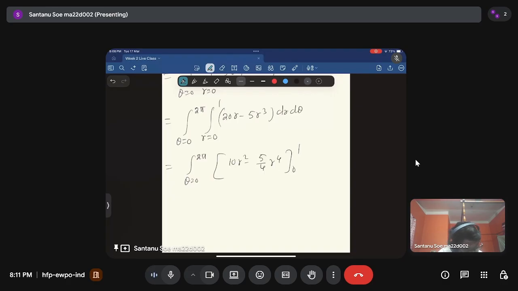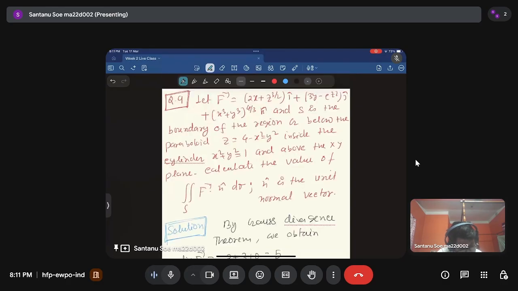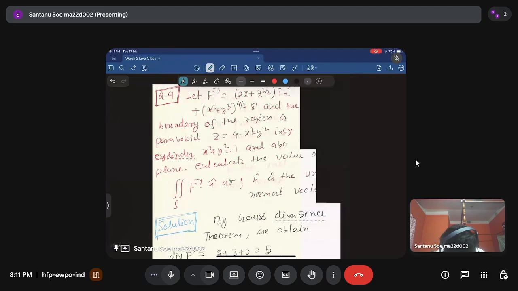This is changed to the integral of divergence of F dV over the region V, and here z varies from 0 to 4 minus r square. The cylinder will look like this, and this is a circle.